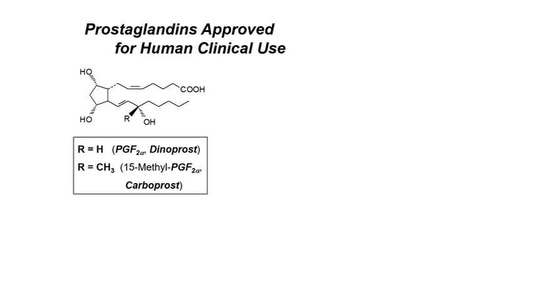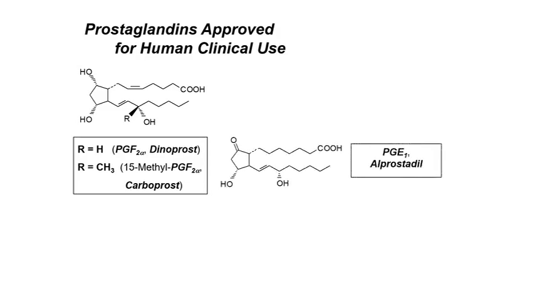The presence of this methyl function is protecting the alpha OH from the oxidative conversion into the ketonic form. So we can find carboprost as a protected product against metabolic threats.